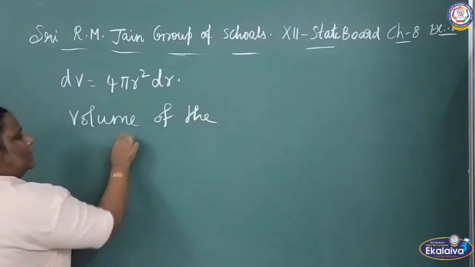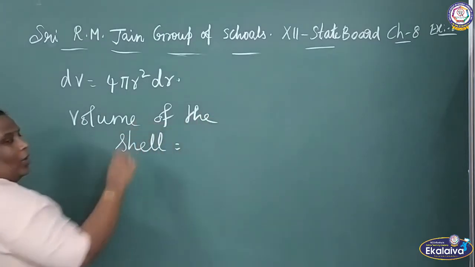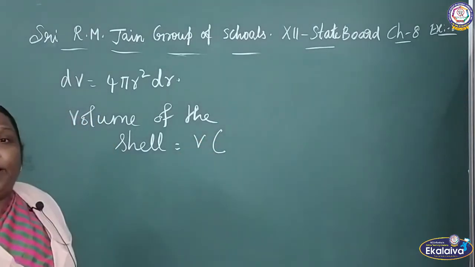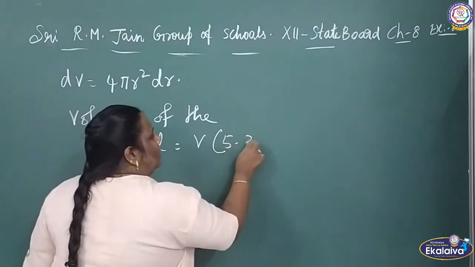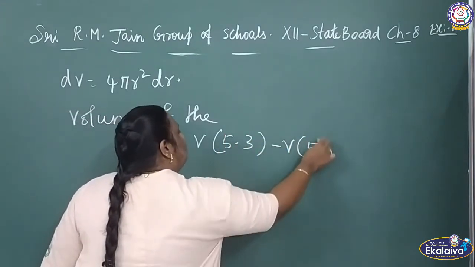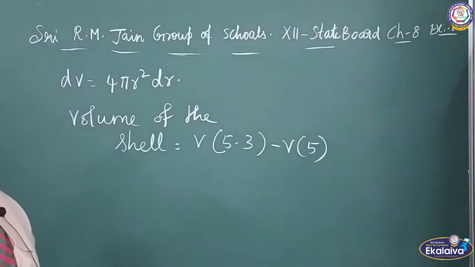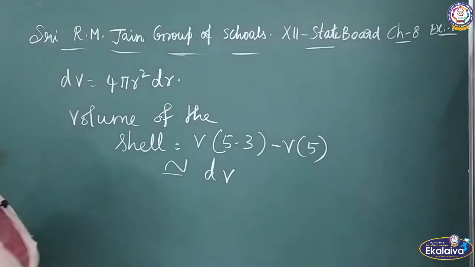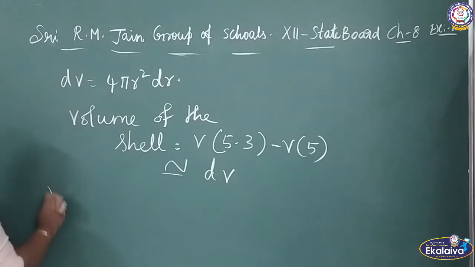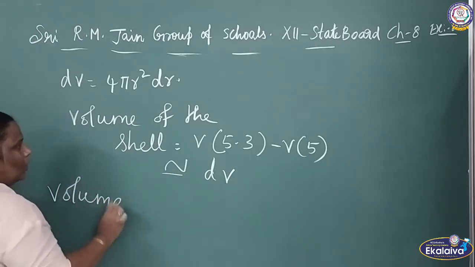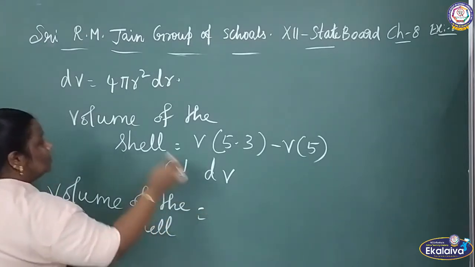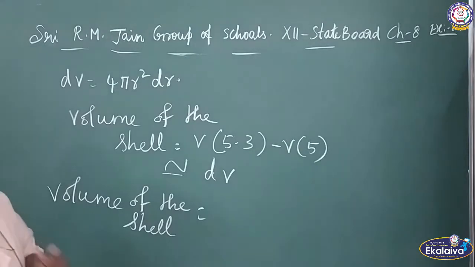See, now you should find out the volume of the shell. Volume of the shell is nothing but V of 5.3 minus V of 5. If you want, you can do it like this, or you can do it straight away. It's approximately the value of dV. You can substitute everything in dV, the approximate change in volume.